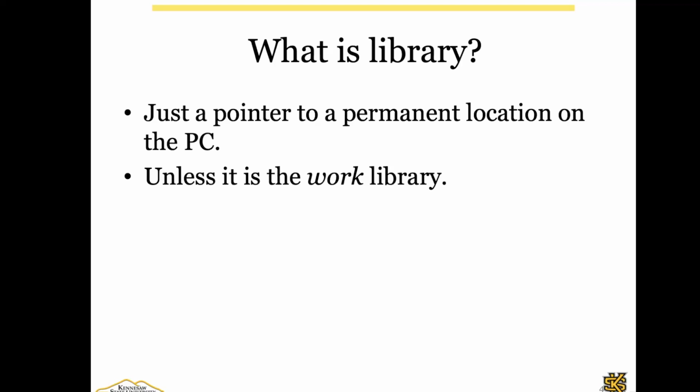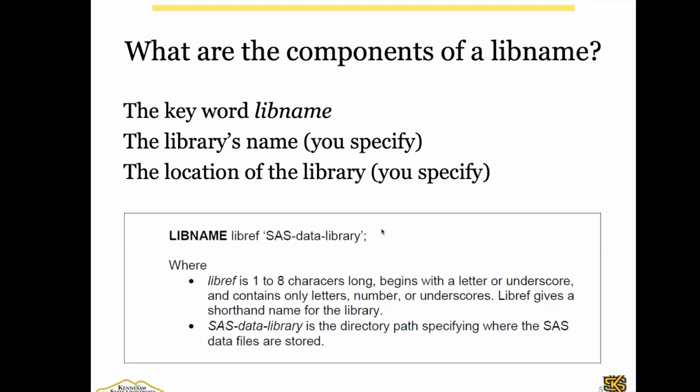Whenever you don't mention a library, we are always talking about the work library, which is temporary. This means whenever we end the SAS session, close the SAS software and reopen it, whatever you saved in the work library is gone. That was the difference between the temporary library and the permanent library.